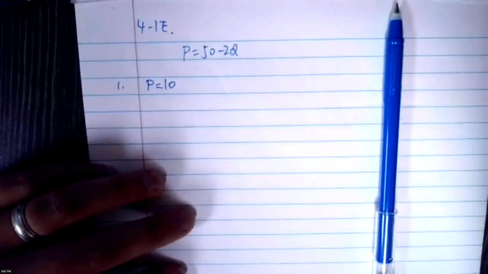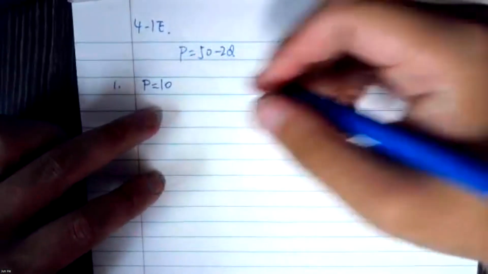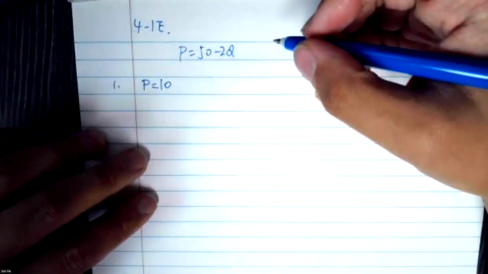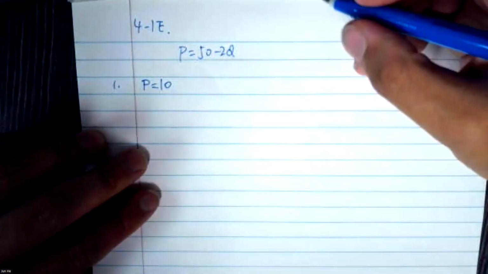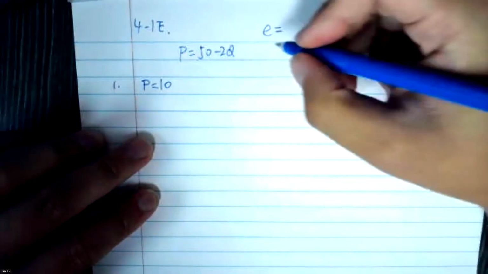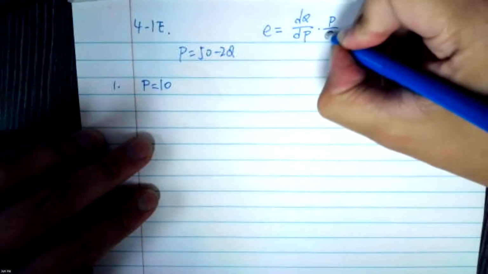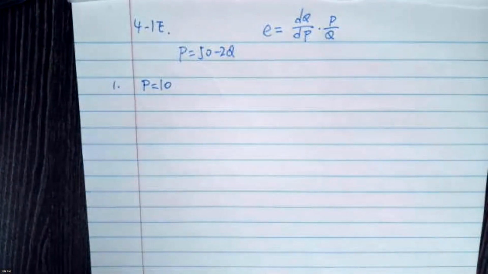All right. So here, first, P equals 10. And you need to figure out what Q is, right? Because here, for the elasticity, it's obvious we should use the slope version.